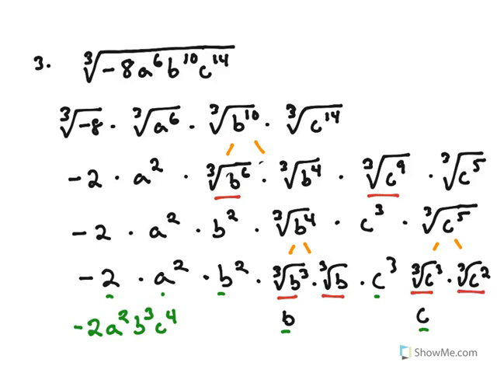Basically you're going to get the cube root of b c to the second power. These two here, we couldn't do anything with, so we kept those under the radical. Okay, so my final answer is this.